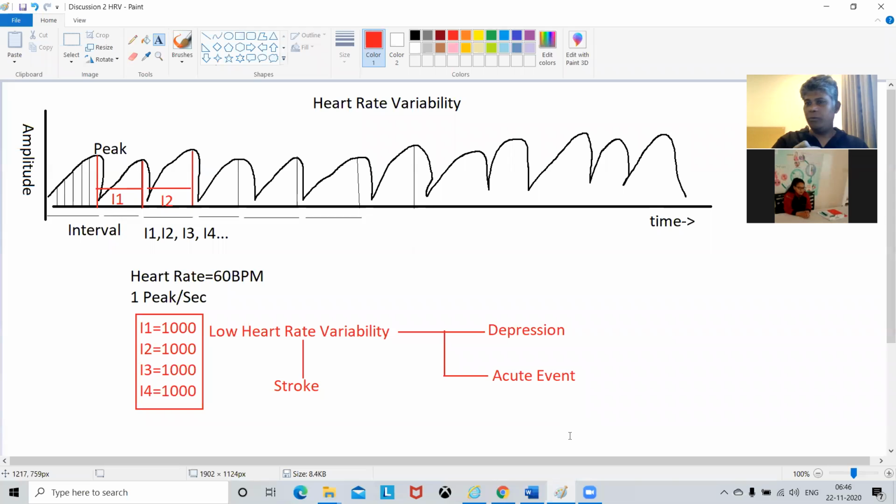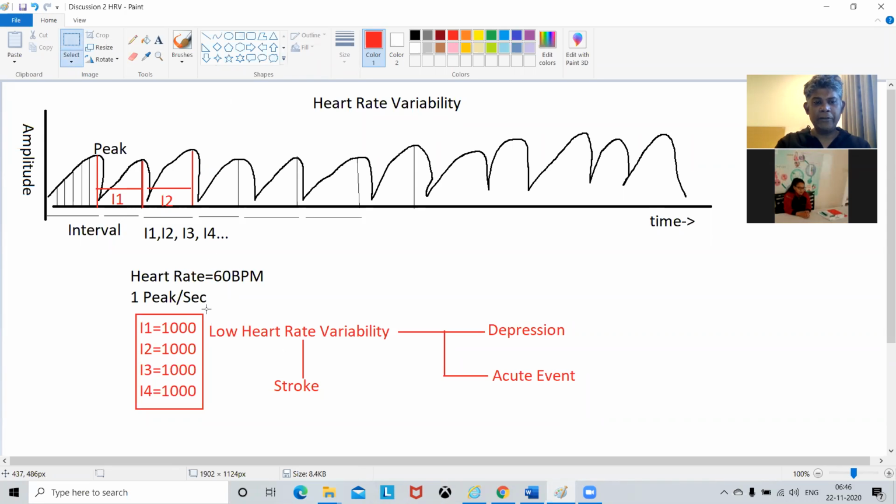An acute event will also result in clinical depression. That is the reason a cancer patient goes through an extreme amount of depression. When you hear about COVID, a lot of people go through a lot of depression, because the autonomic nervous system stops responding to the body's need. So this is what low heart rate variability is.